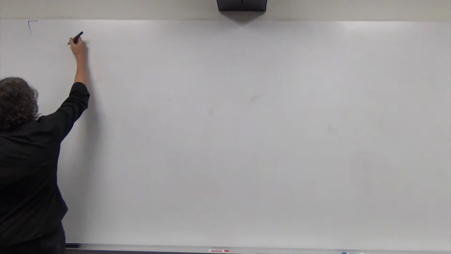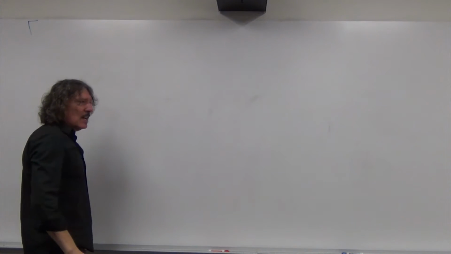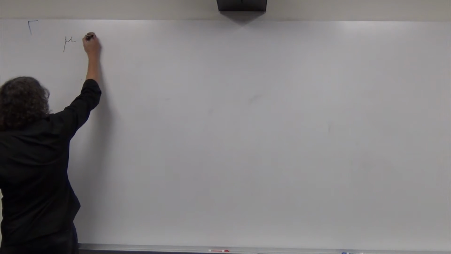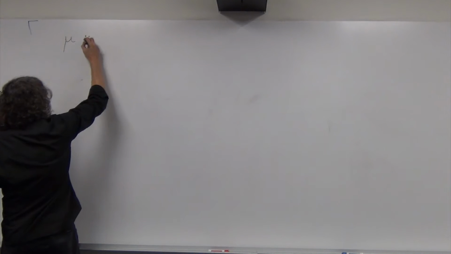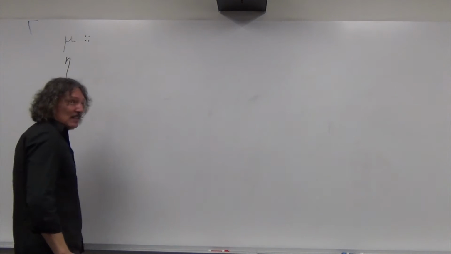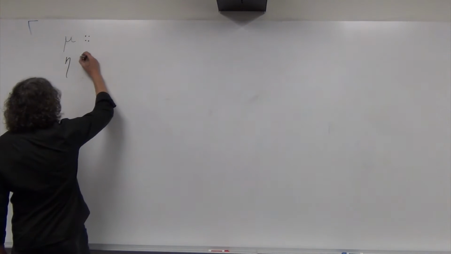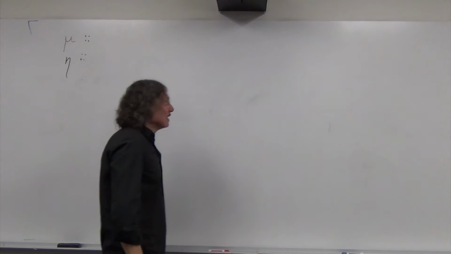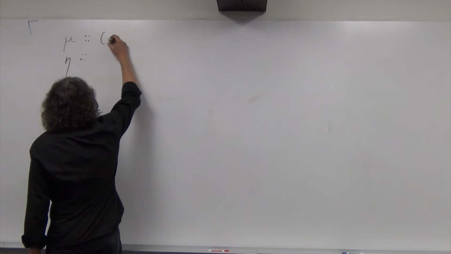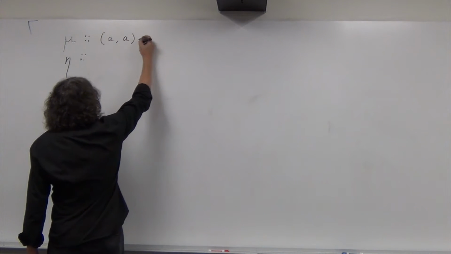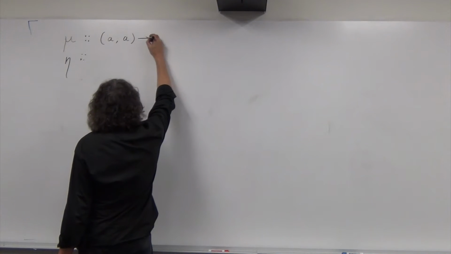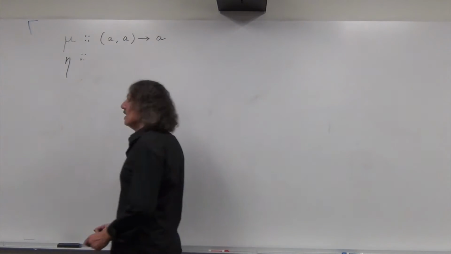So first of all, we have a set and we have multiplication, and multiplication is, I'll call it mu, okay? I'm going to use the same letters, mu and eta, and you know why, right? Because eventually you want to get it in the endofunctor category. So mu is a function from a set of pairs to A, right?